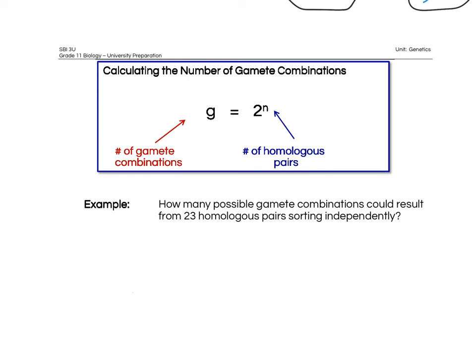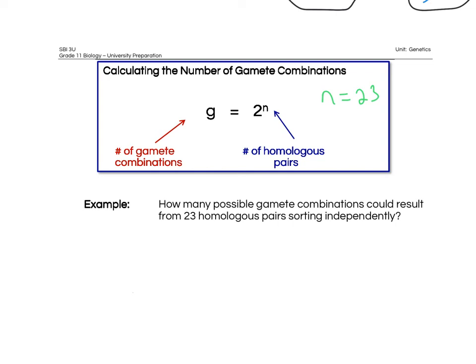So for humans, what is the number of homologous pairs? Well, for humans, n is equal to 23, right? But in other organisms, we would use a different value for n.